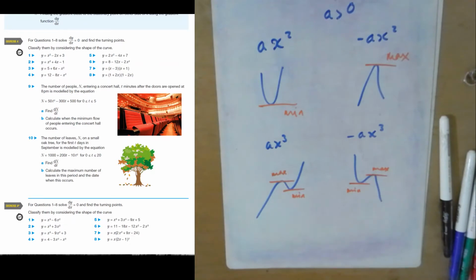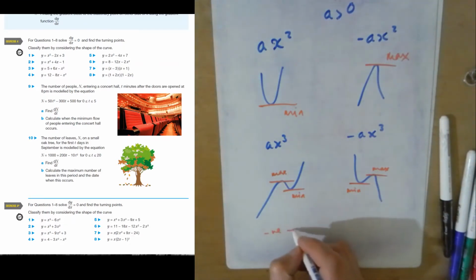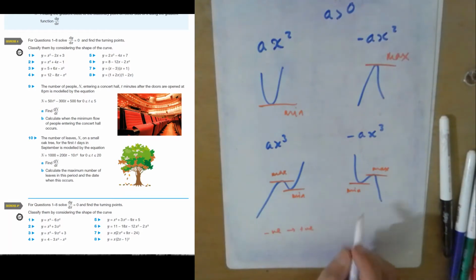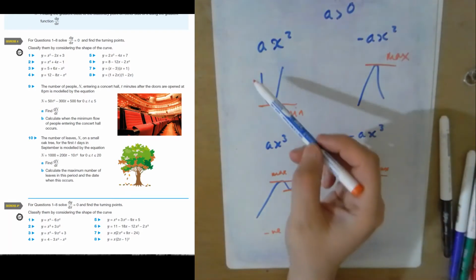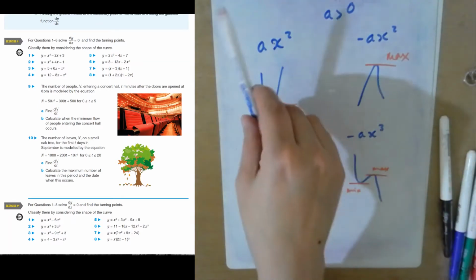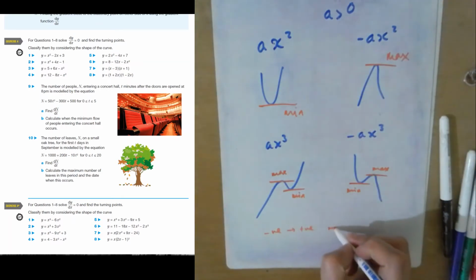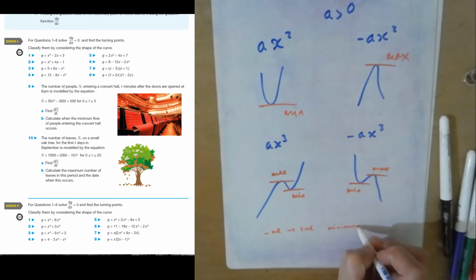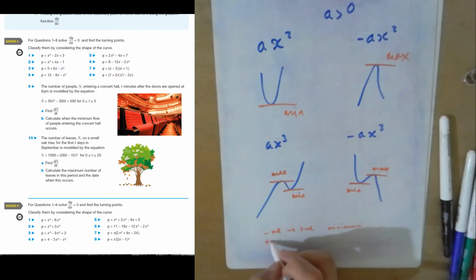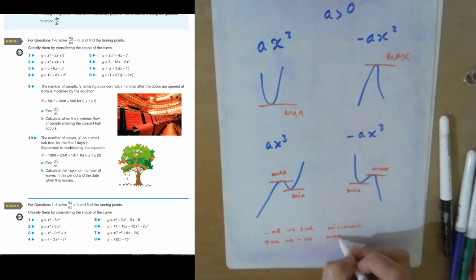If the gradient goes from negative to positive, when you're increasing it, you will notice it's this. So that's a negative gradient and that's a positive gradient. Then you know it's a minimum point. And if the gradient goes from positive to negative, then that is a maximum point.